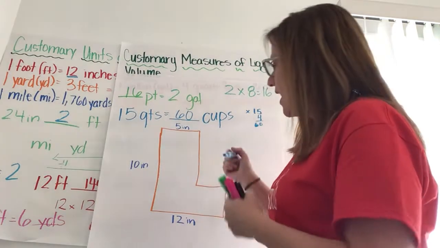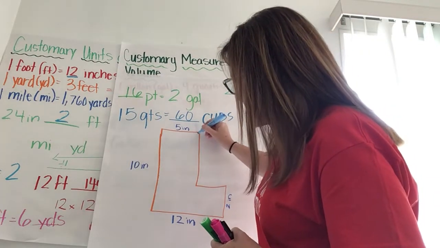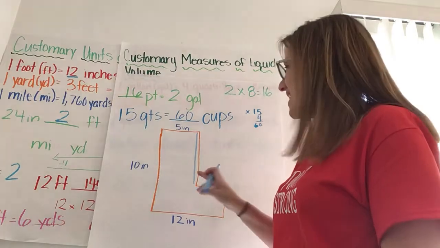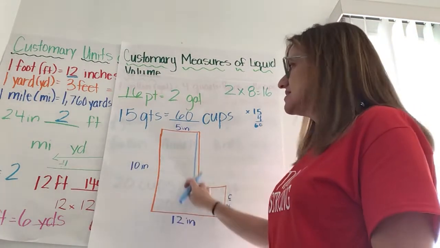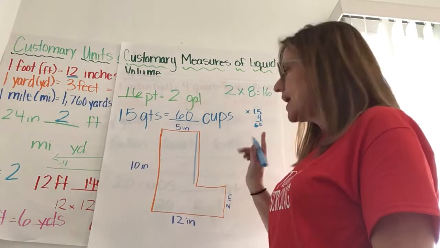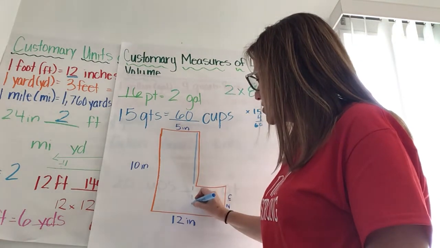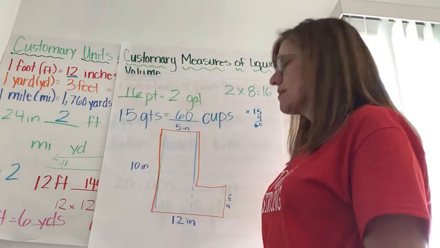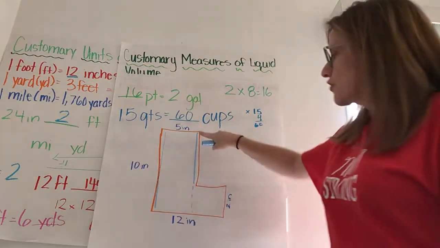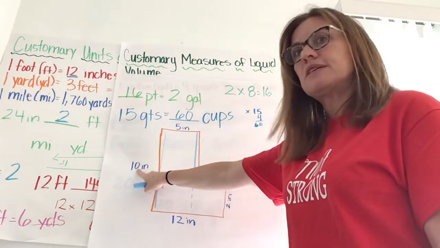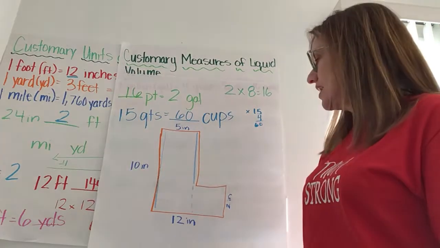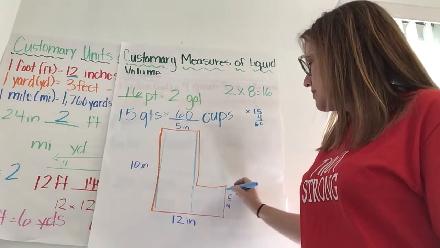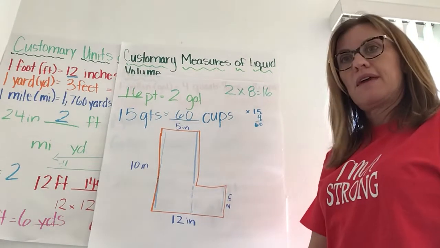So I need to know what this length is right here. But this is 10, and this is not the same length. But if I did have an imaginary line, this length and this length are the same. So from here to here, we know is the same as this, which is 10 inches. Well, I know that this dotted line part is the same as this part right there.